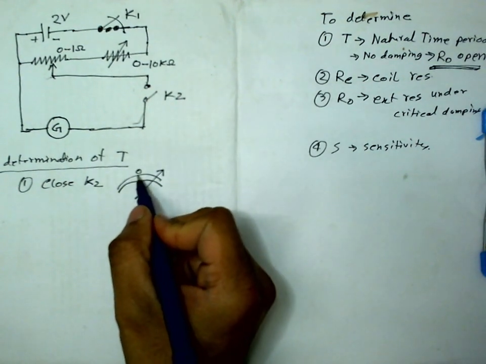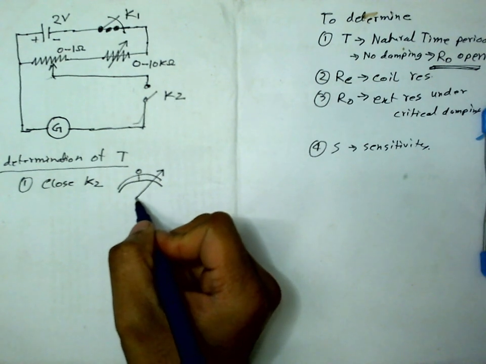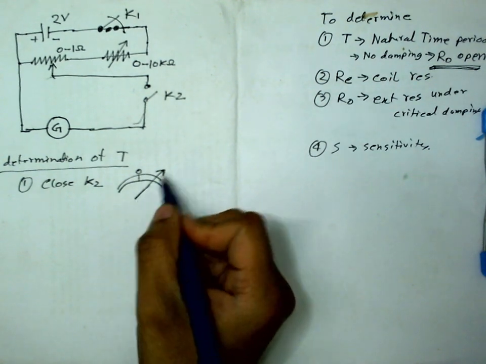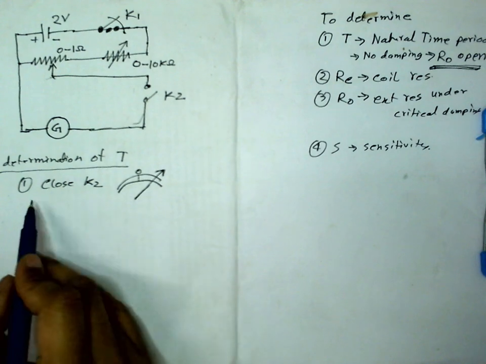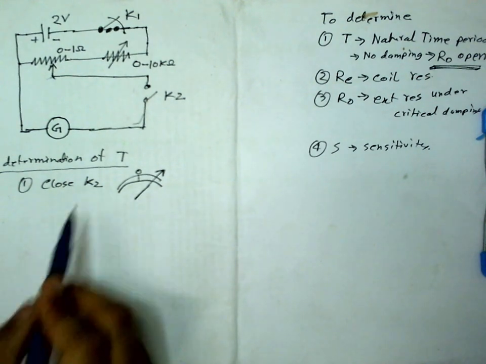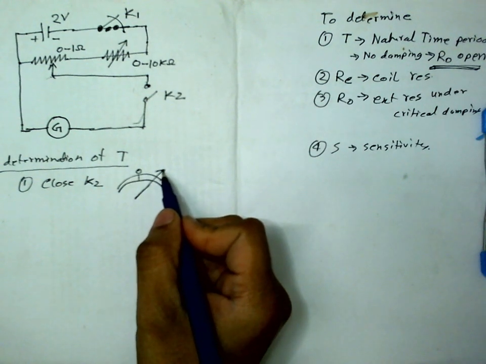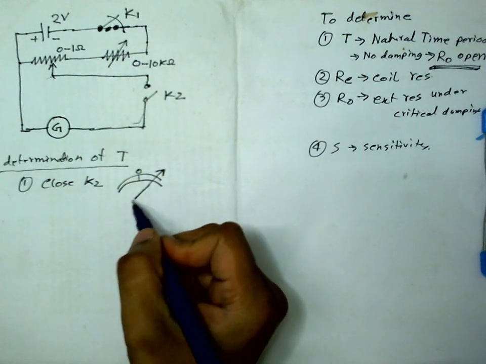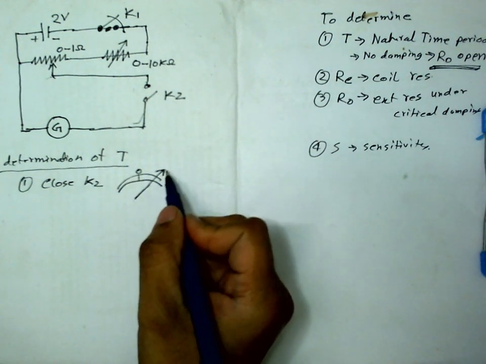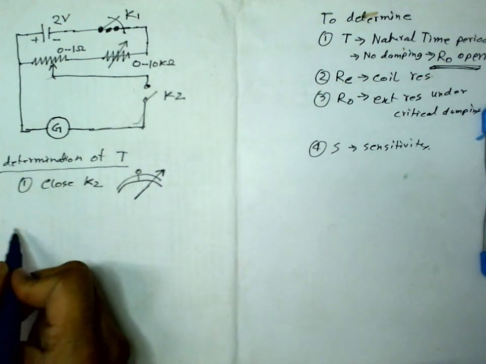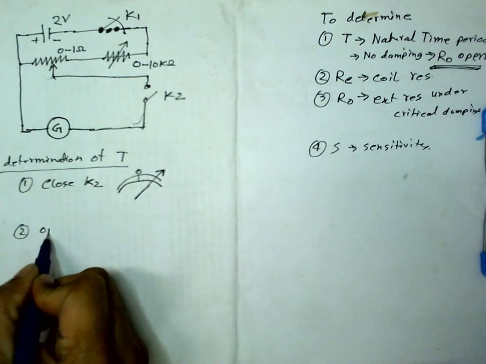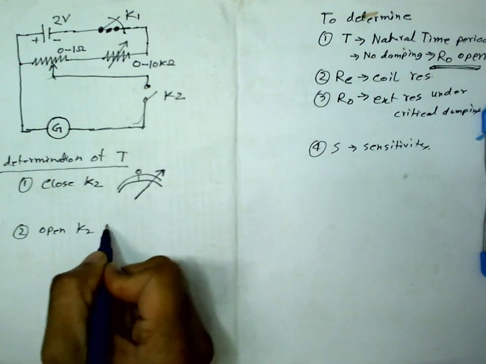But okay, this is fine. So this is the 0 position. The light beam will move to some positive value when you close K2, and it will settle there. Now when this is steady here, at that instant open K2 suddenly.